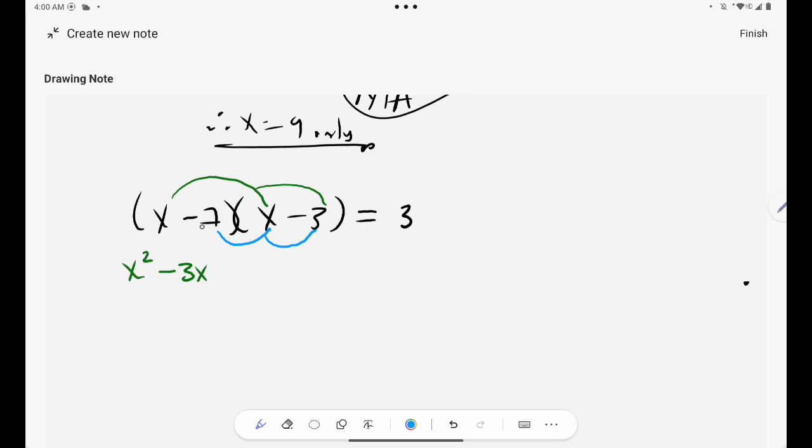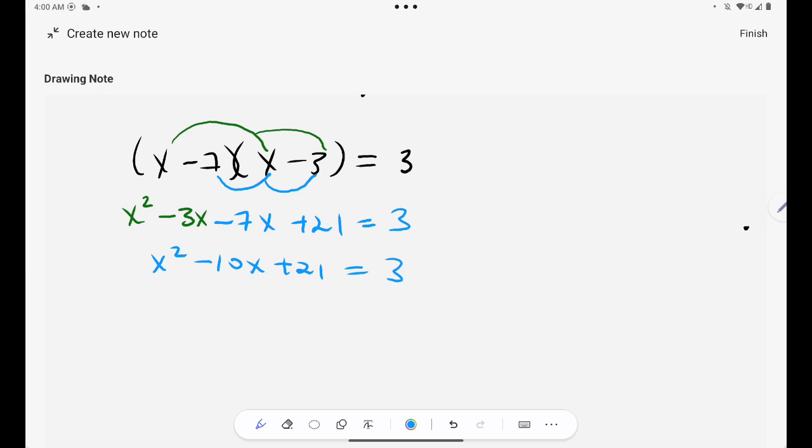You have negative 7 times x is minus 7x. Negative 7 times a negative 3 is a positive 21. This thing is equal to 3. And then I will have x squared minus 10x plus 21 is equal to 3.